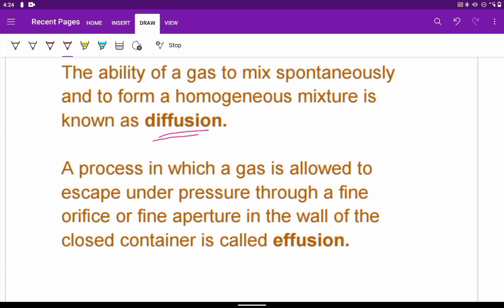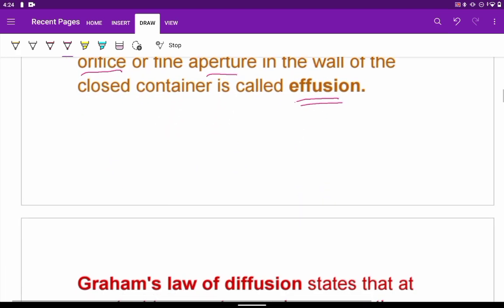If there is a fine aperture, also called an orifice, in the wall of the closed container, then the gas can escape. This method is called effusion. That is, if there is a gas in a container and the container has a small aperture, through the aperture the gas will escape out. This phenomenon or process is effusion. So this new term also should be known.